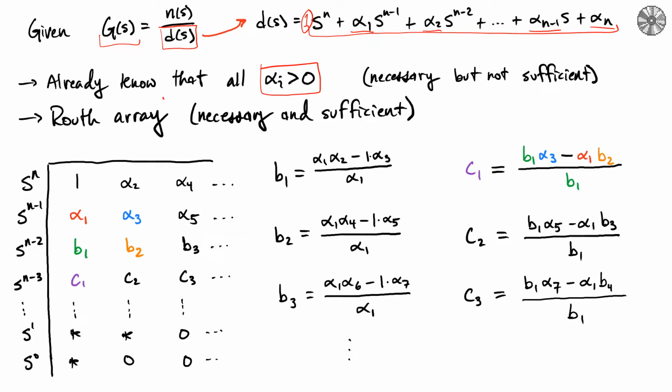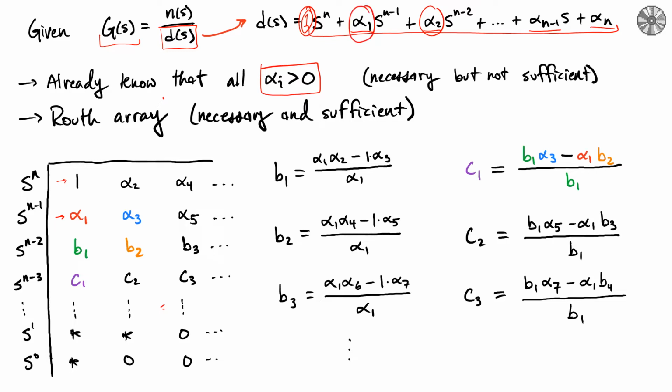The way that you form the Routh array is that in the first row you put down all of the even coefficients. You start with this 1, then add alpha 2, then alpha 4, alpha 6, and so on until you reach the end of the even elements. In the second row, you put down the odd coefficients.